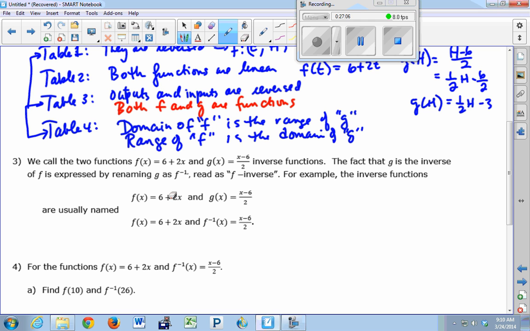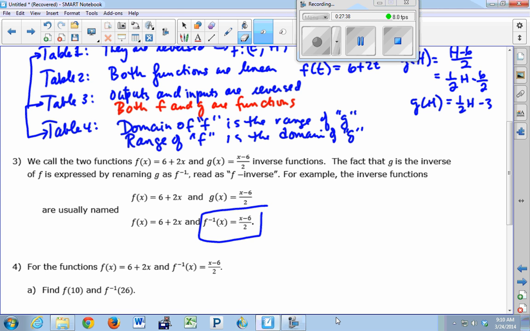So here's a linear function over all real numbers x, and here is its inverse. Because this particular function has a very special relationship to f, its inverse, we use this new notation. So we now call g the inverse of f.